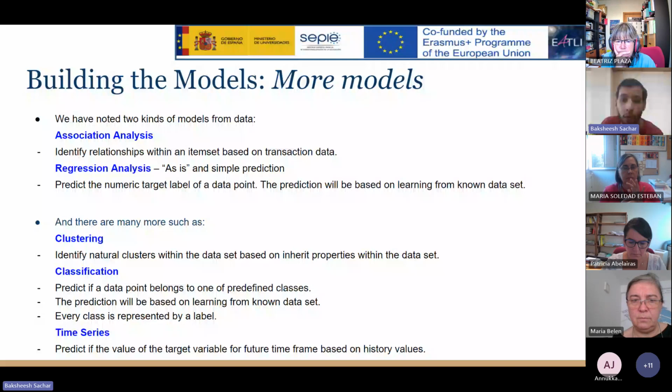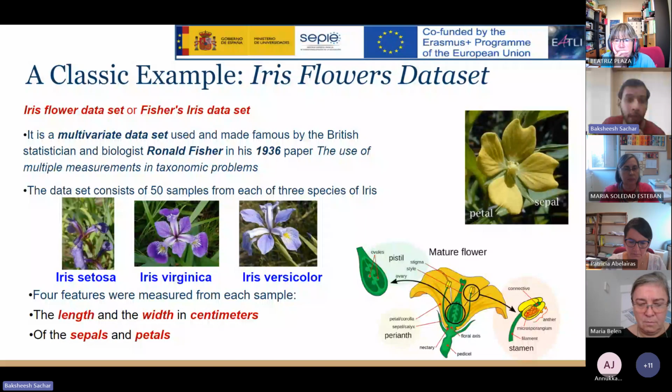Moving on. So, as I was telling you about the way a particular model works, this is a classic example: the iris flower data set. Machine learning and data science are very recent terms, but scientists have worked on this before.